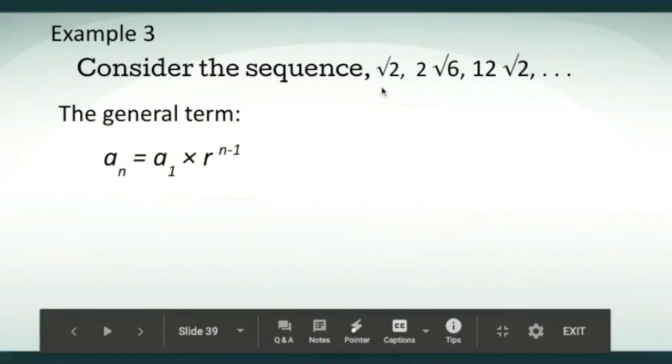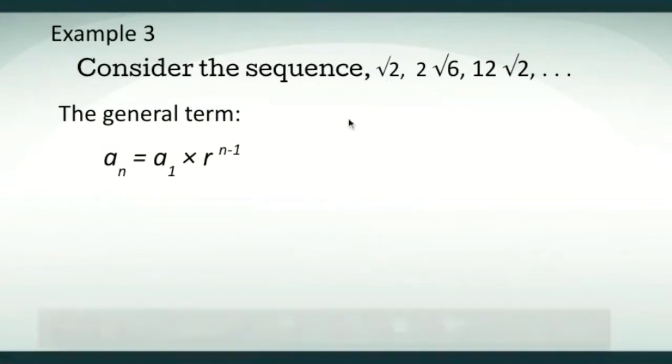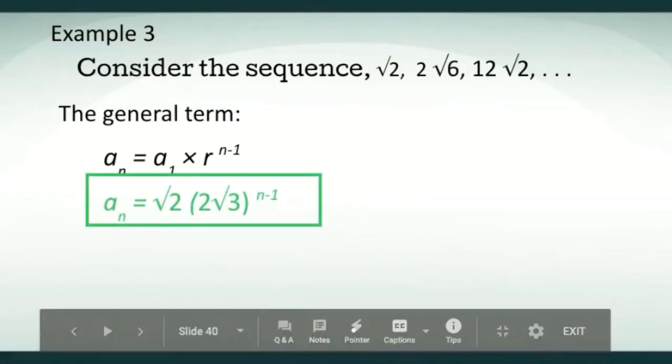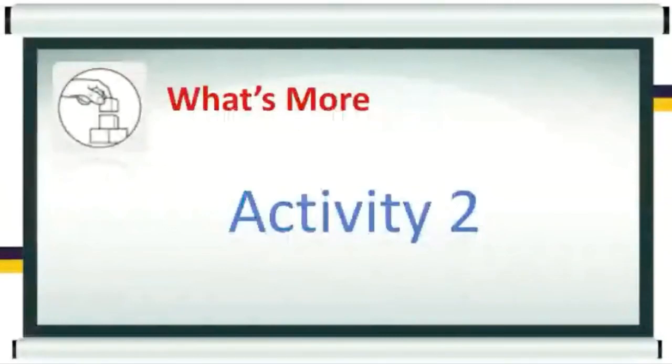We already have our first term and our common ratio, which is 2 times the square root of 3, so we can substitute them into our general rule, which will be square root of 2 times 2 square root of 3 to the n minus 1. Any question?